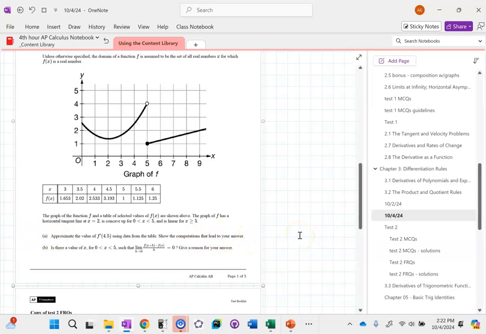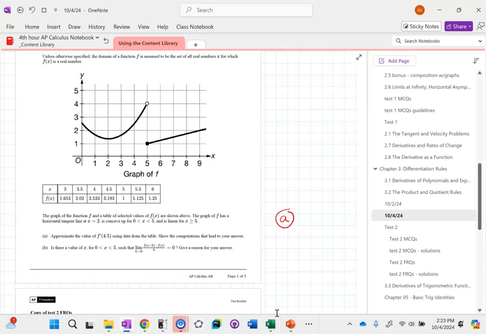So it says approximate. What does that mean I'm going to be doing? It's going to be an estimate, right? So when I see derivative, I also think of something that starts with an S: slope.